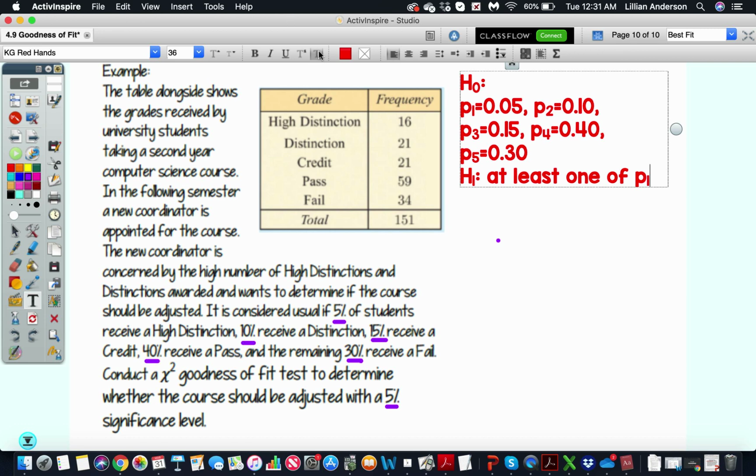Okay, so then we also have to do our alternate hypothesis, which would be at least one of the p's. Let's just say p1 does not equal 0.05, or the value of P2 does not equal 0.1, and so on and so forth with all the other values, like P5 does not equal 0.30.